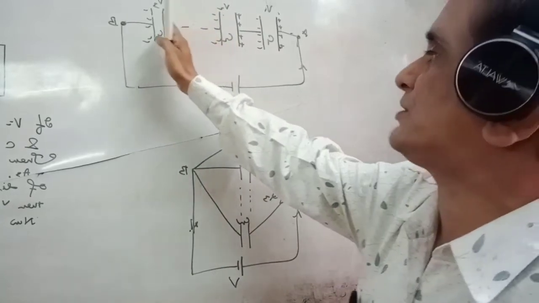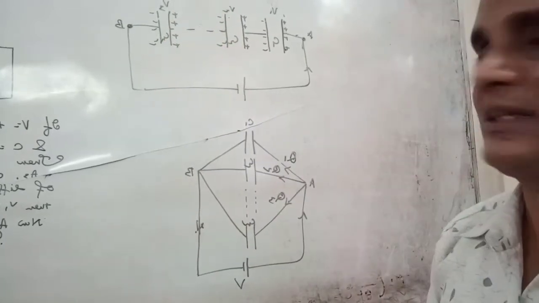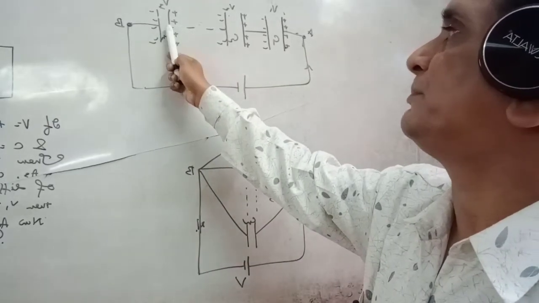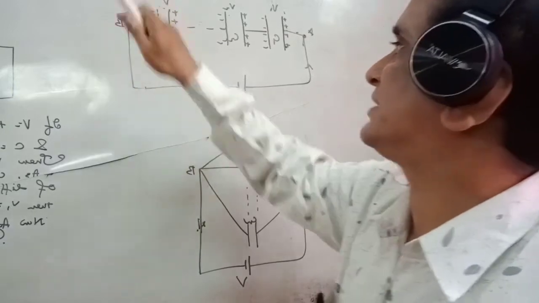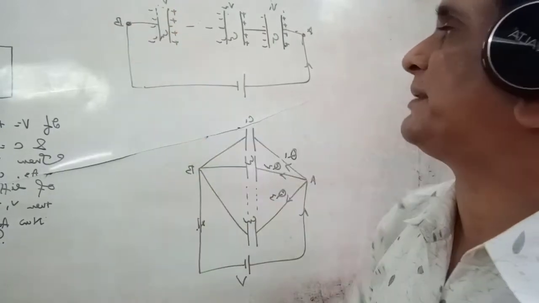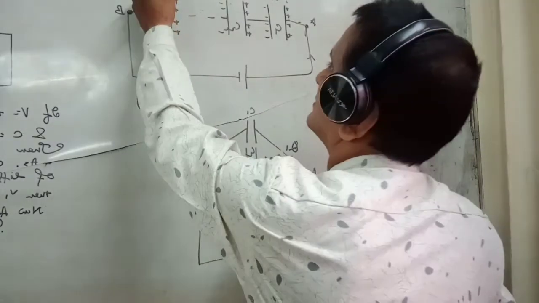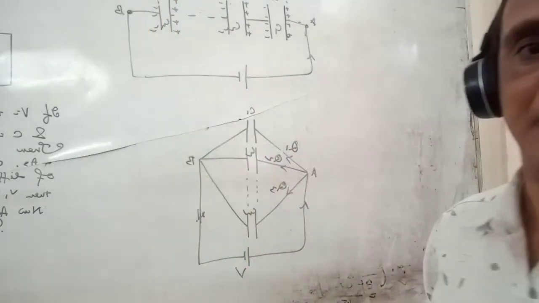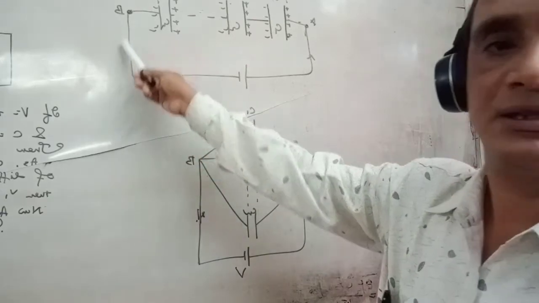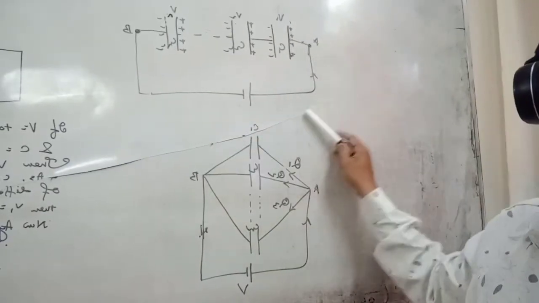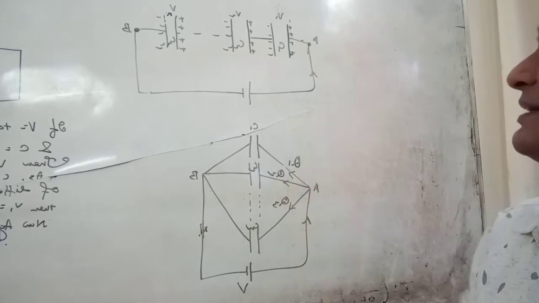In this way the process continues, and at last it is connected to the positive plate of the last, nth capacitor, Cn. The negative plate of the last one comes to the battery, and the positive plate goes to the positive plate of the battery.